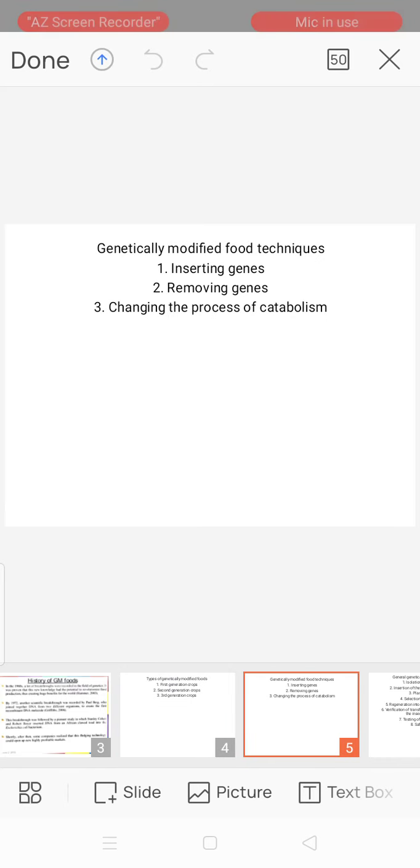And next topic is genetically modified food techniques. There are three main types of genetically modified food techniques. First one, inserting genes, that is gene shifting. Genes are determined by different DNA sequences.